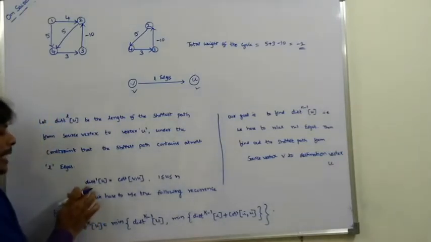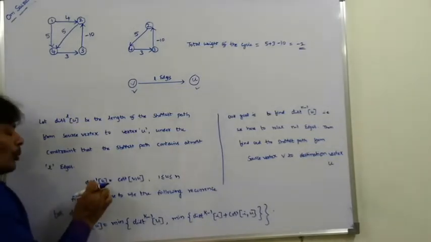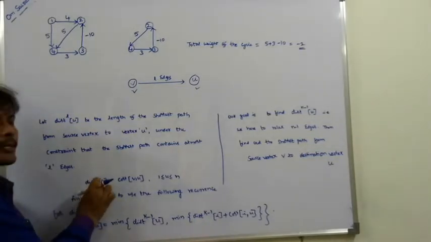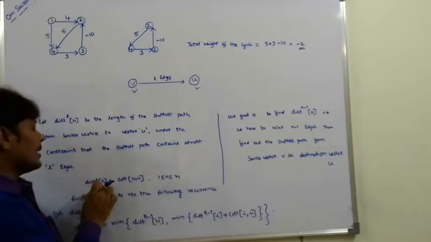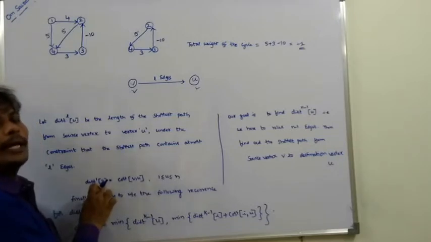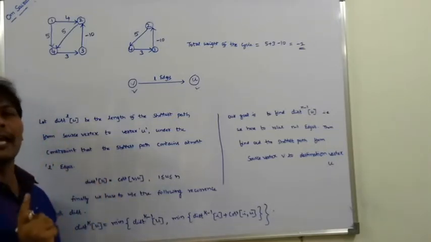Next, dist power 1 of U is nothing but, we start from the source vertex V and reach the destination vertex U by traveling through only one edge. Here one means one edge.